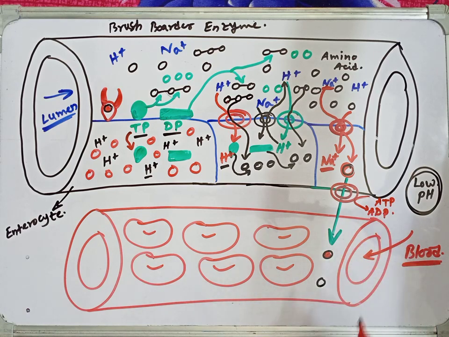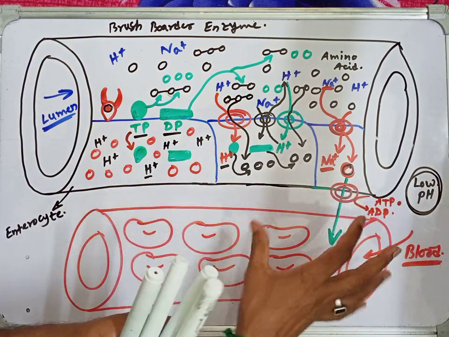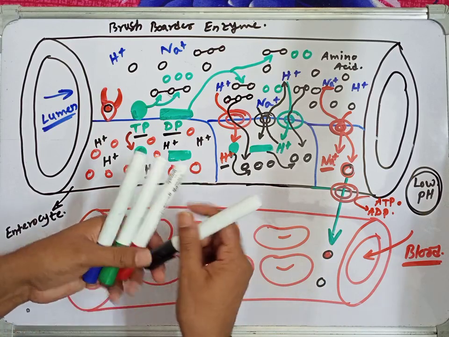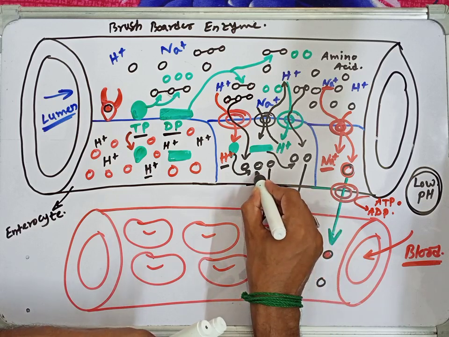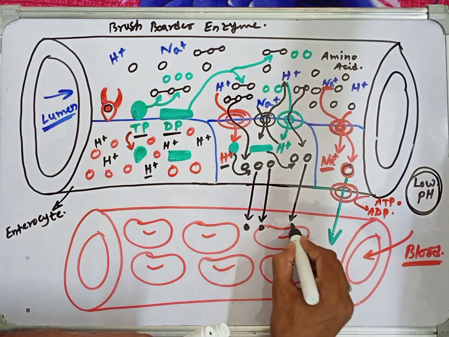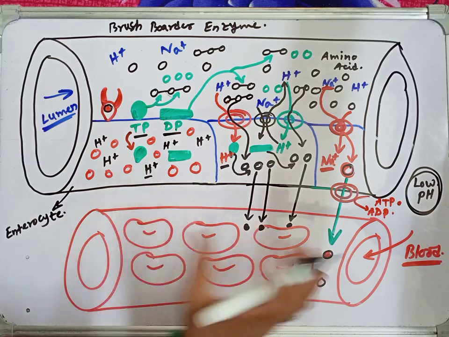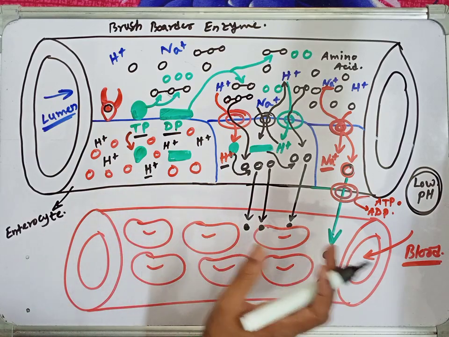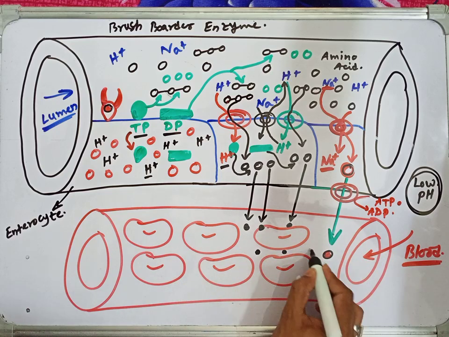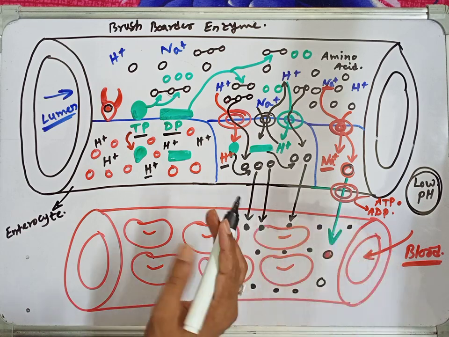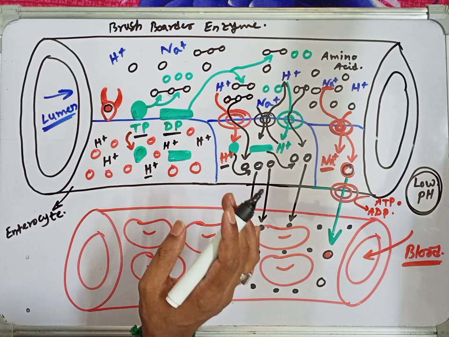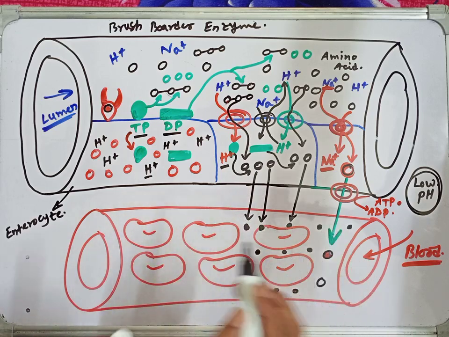And that's why it is called active transport, because there is expenditure of energy, right? And one more point to understand: this amino acid is absorbed into the blood by simple diffusion as well as active transport, right?